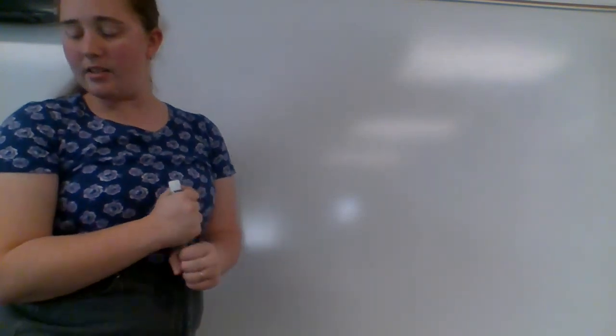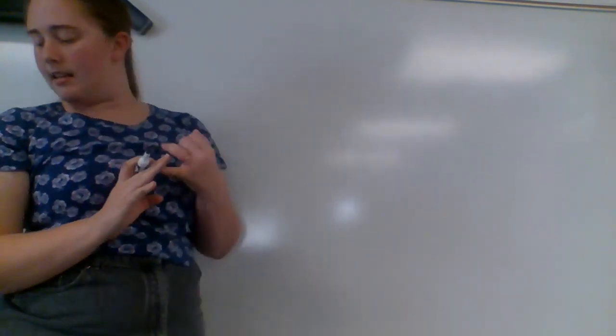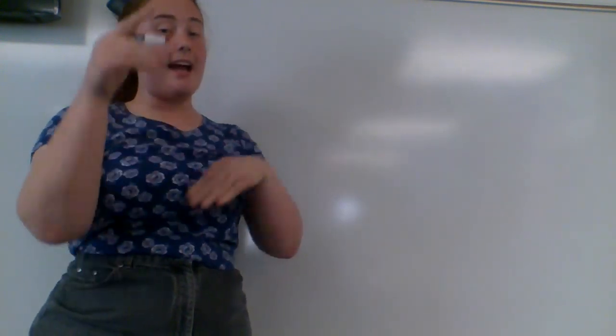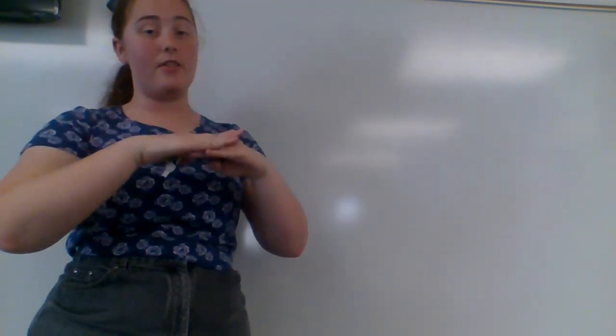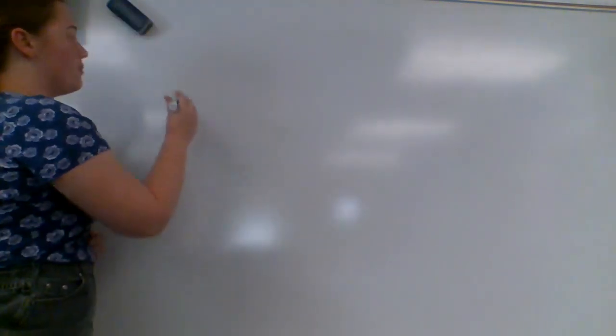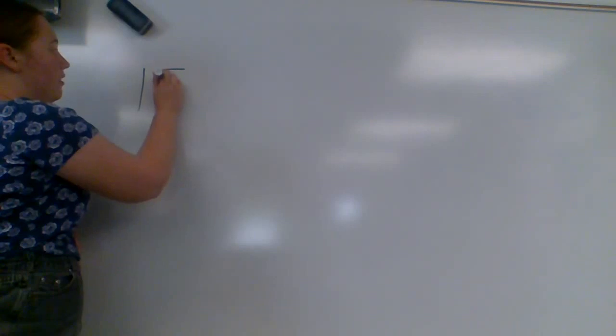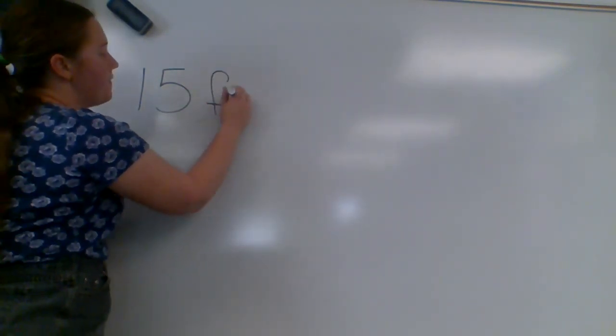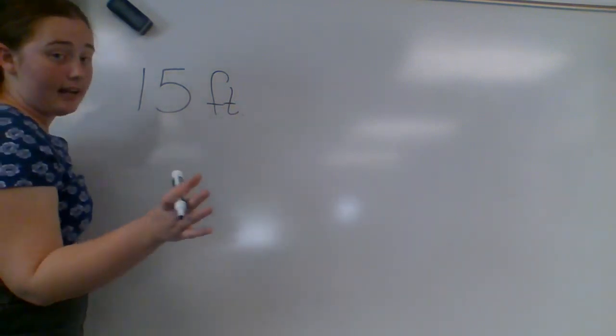So I need to add these two things together, but he has 15 feet and he has 16 yards. I can't add 16 and 15 together if they're yards and feet. So I need to change one or the other. So let's go ahead and write it this way. Let's see, he said 15 feet. We said we're going to add.